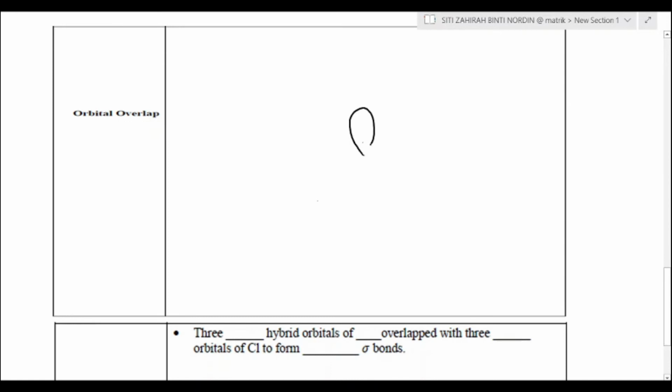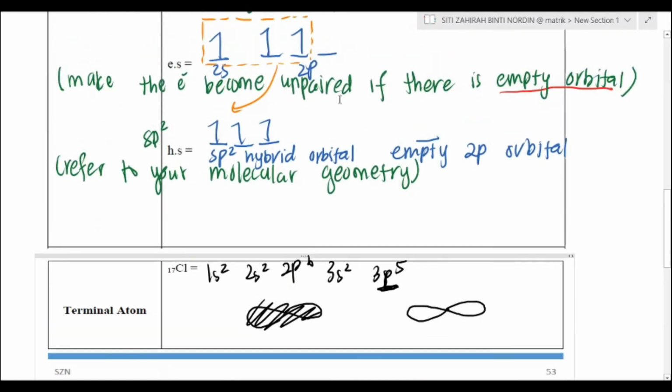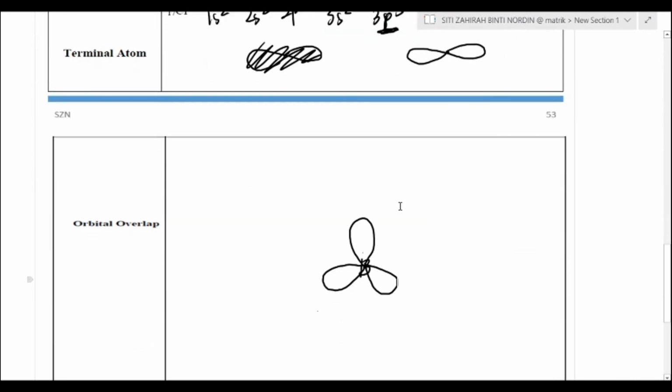This is the best that I can draw. So this is your boron. Write B at the center, and the hybrid orbital is sp2, so write sp2, sp2, sp2.